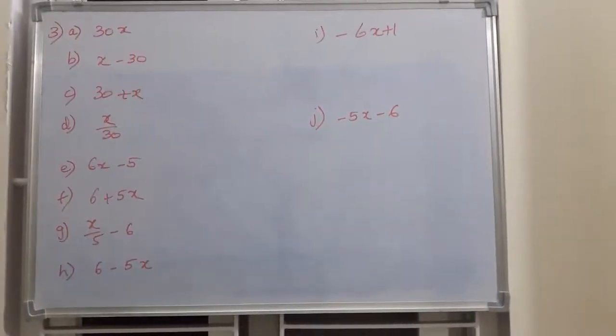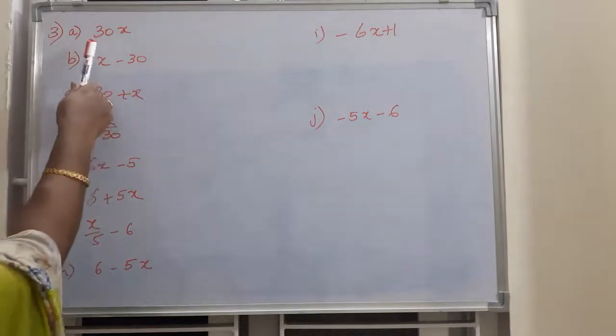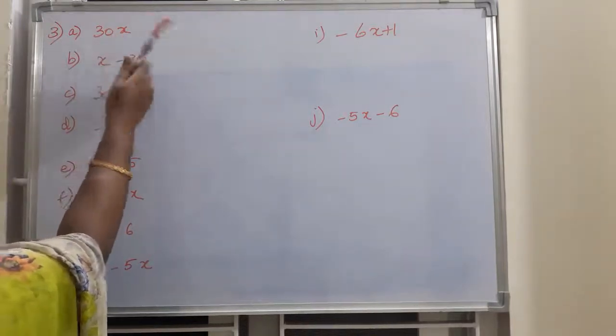The next question, the third one, is: identify the operations used in forming the following expressions and tell how the expressions have been formed. Now see, in the question they have given you 30x. So here a constant and a variable are combined together.